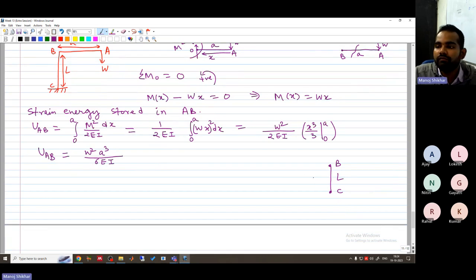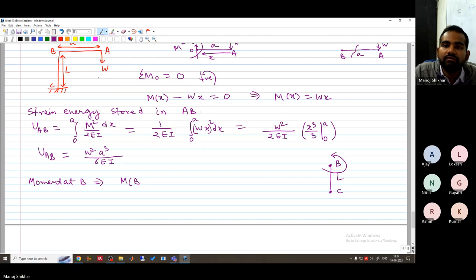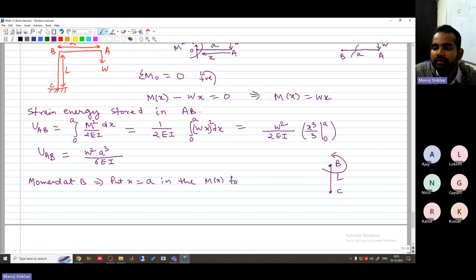First we have to find the moment at B. If we separate this, we will have some moment at B. We can find it by putting x equal to A in the Mx formula for AB.